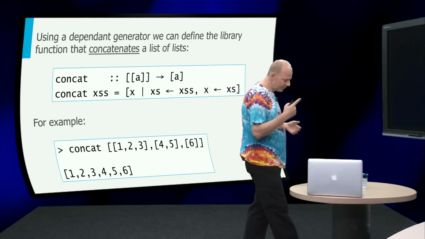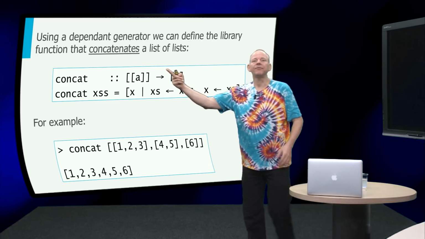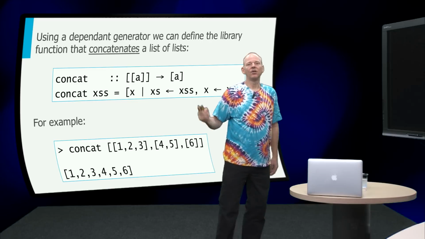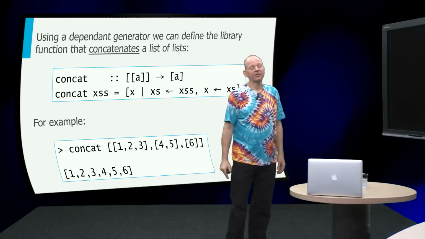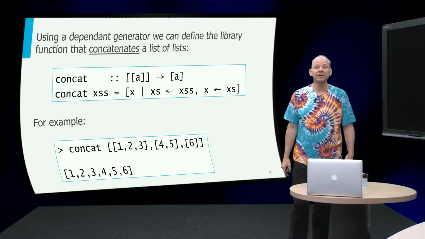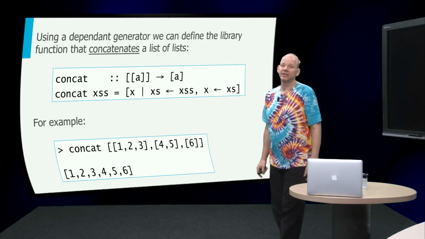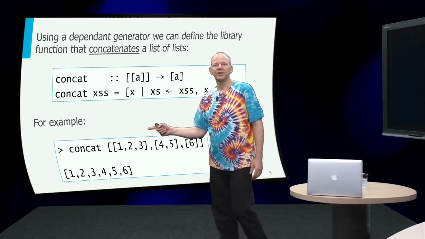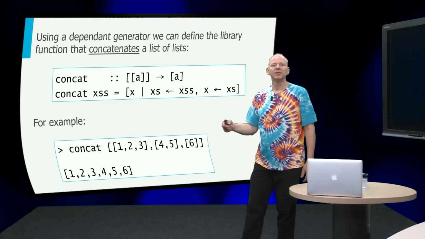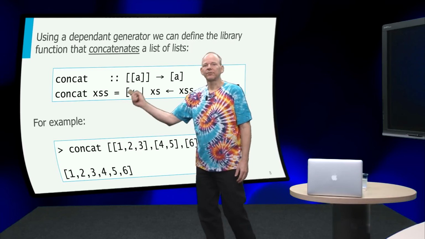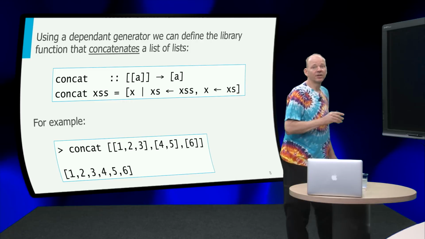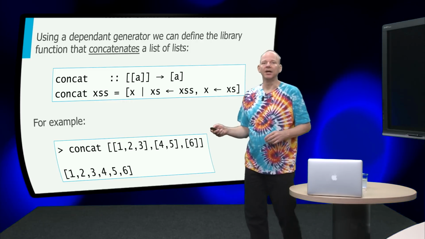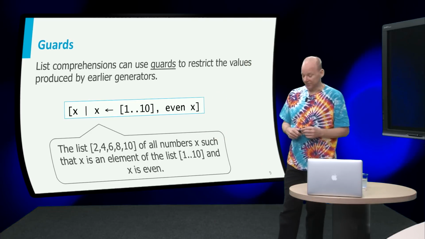So this is a doubly nested loop that goes over every list in this list of lists and yields all the values to return a single list of type A, of the same element type as the original list. So when we concatenate 1, 2, 3, 4, 5, and 6, the result will be 1, 2, 3, 4, 5, 6. So very, very concise code that we can write using comprehensions.